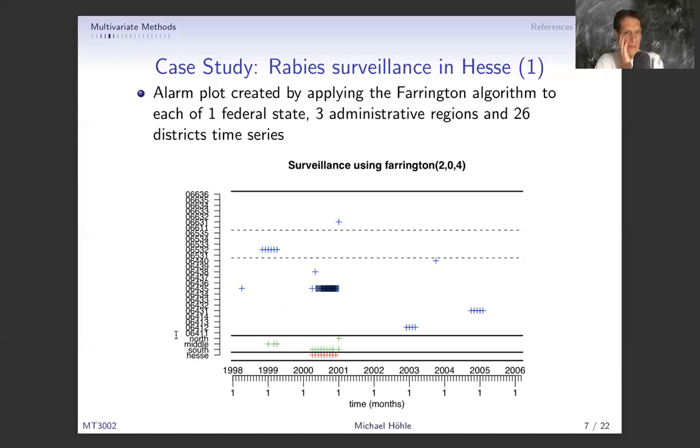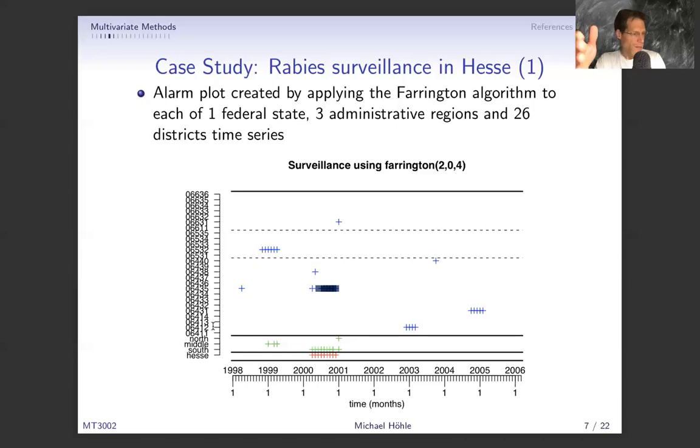And you have here also 06412, which at a bit later stage also has an alarm. It doesn't replicate in the big one, but this is the city of Frankfurt, which is a bit unusual, you could say, because that's not where you expect rabies foxes to be detected most often.